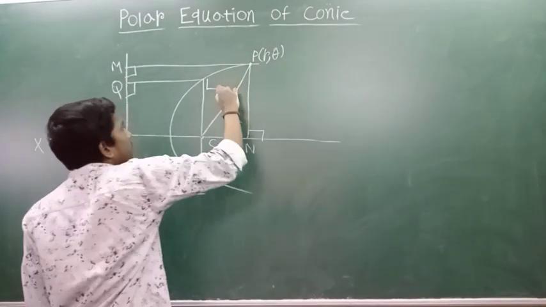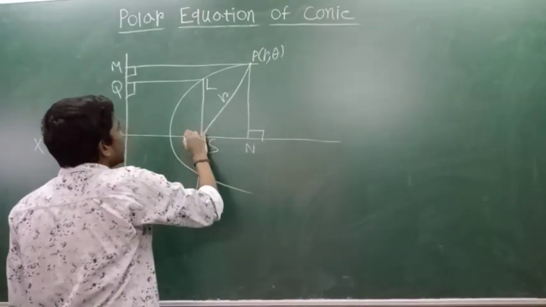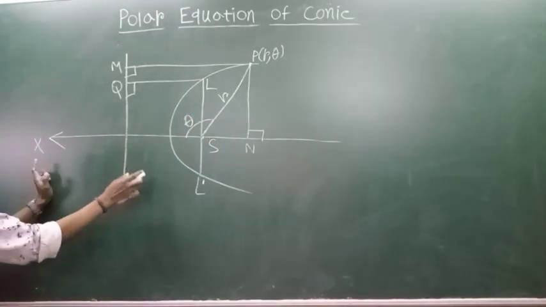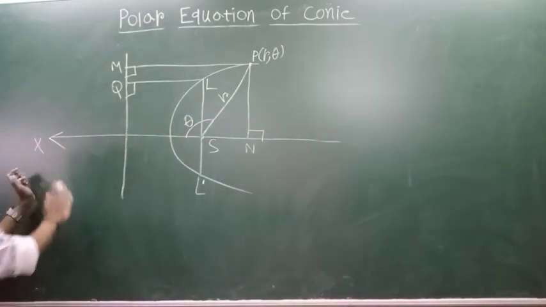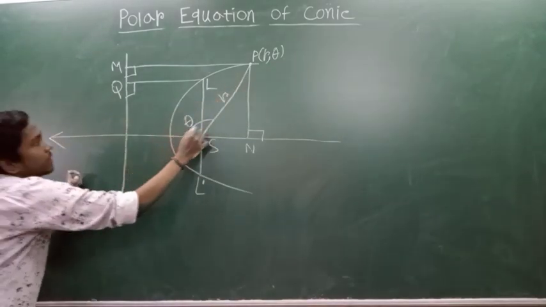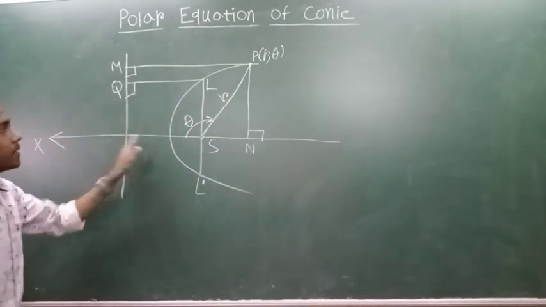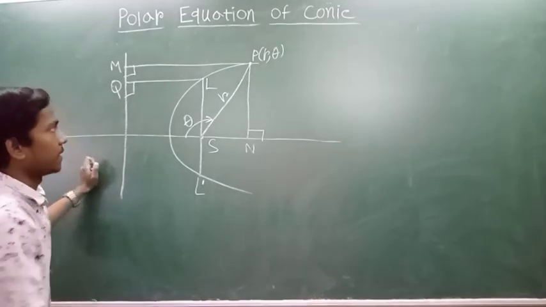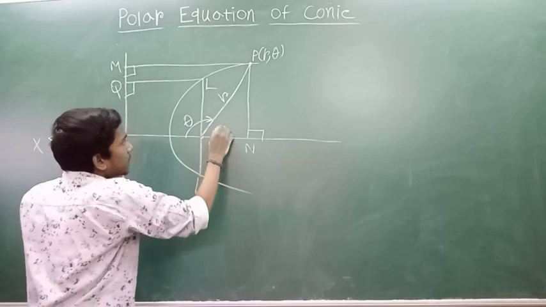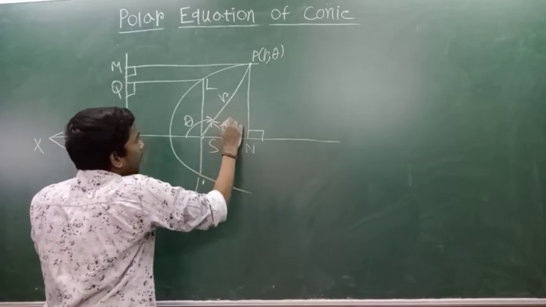So we can say this distance is r and this angle is theta. Why this angle? Because here we have taken the positive direction this side and the radius vector r is making this angle with the positive direction of the initial line. So this is theta, and then this angle is pi minus theta.